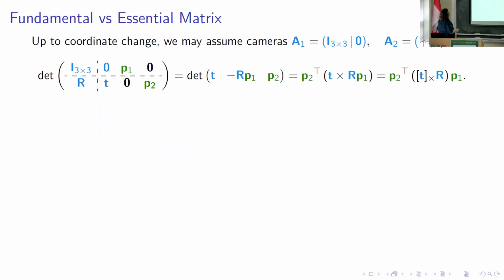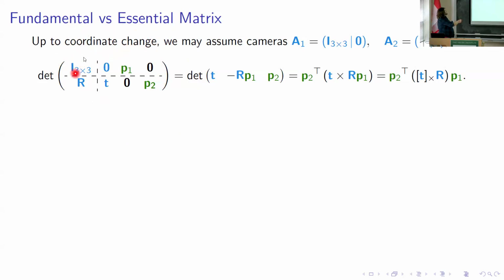All right, let me tell you a little bit more about the fundamental matrix, though. Let's say up to coordinate change, I have 2 cameras, and using the coordinate change, I can put this first one into standard position. That's true in the calibrated or uncalibrated case, as long as these are full rank. So I can expand this determinantal constraint, this Grassmann tensor constraint, using this special form.